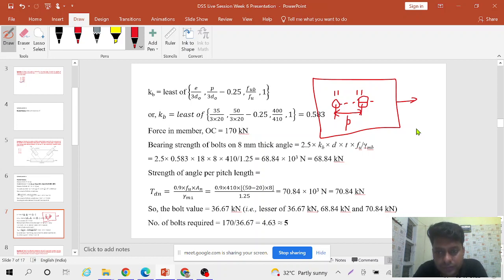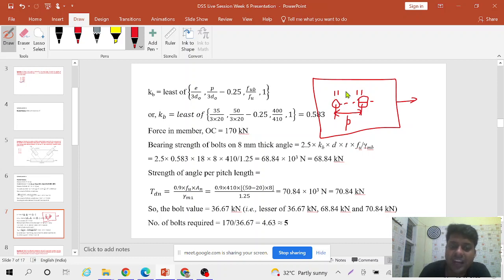Sir, why is it not taken as shearing of the material? See, when you go through the types of failure, you can see that when you consider failure from the side, we are assuming that by providing the proper end distance or edge distance, we are preventing the shear failure of the plates.